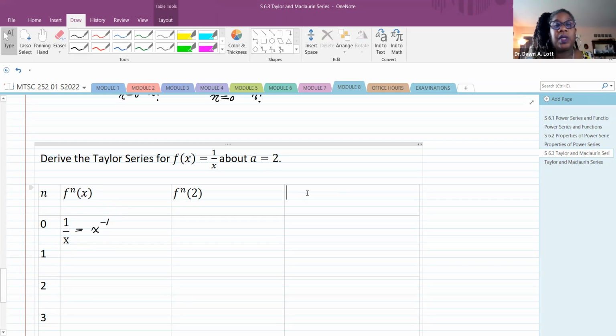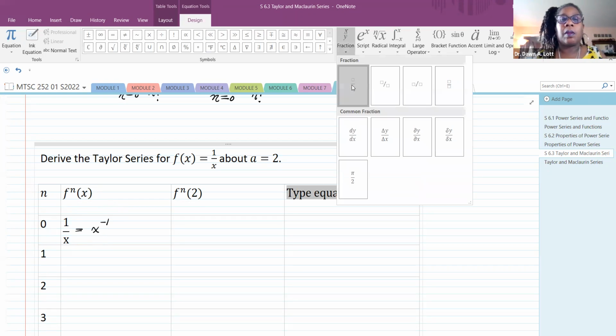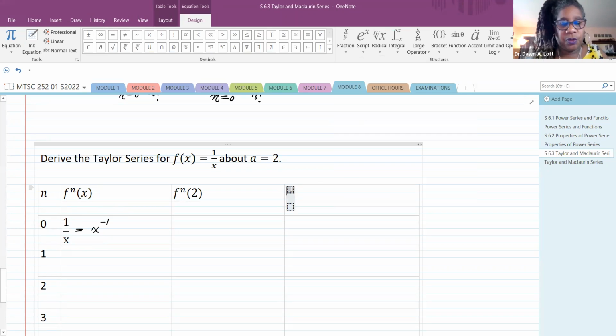Okay, and over here, we already know that we're going to need to find the nth derivative at 2 divided by n factorial. All right, so my table's very similar.